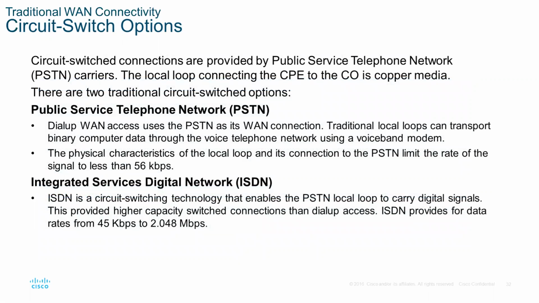Circuit switch connections came about because providers wanted to make better use of their infrastructure and to maximize their profits. So we had use of the good old telephone network.